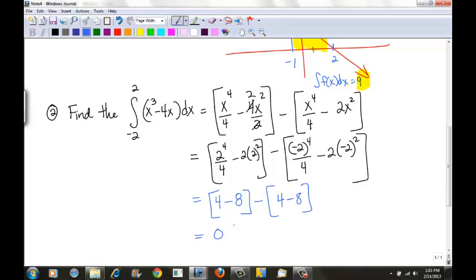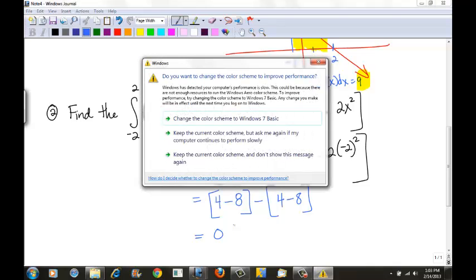And you can change the window if you want to, but we're going from -2 to 2. Now, can you see why the answer is 0? It is symmetrical, okay? And we're going to have part of the graph above the x-axis, part of the graph below the x-axis.